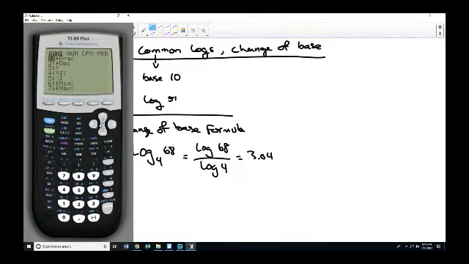Log base, and then you can do this way. So again, it's handy once in a while, but since we have the tech, it's really not necessary as much anymore. Let's change base.